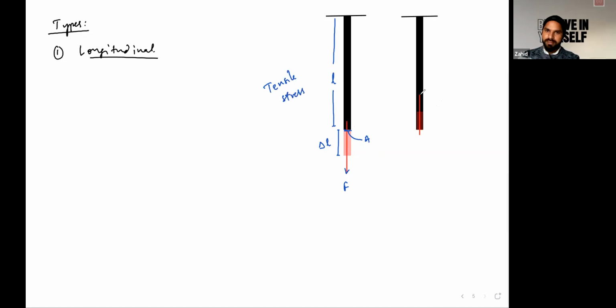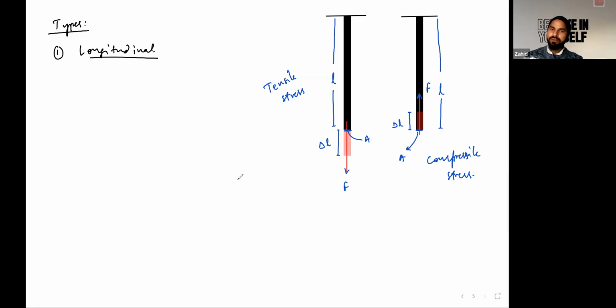Similarly, if you apply deforming force along this direction to compress it, the original length of the wire is L and the area of cross section is A. So this is called compressive stress.